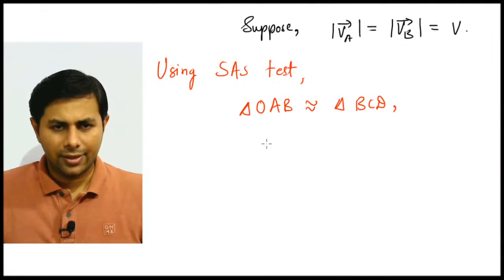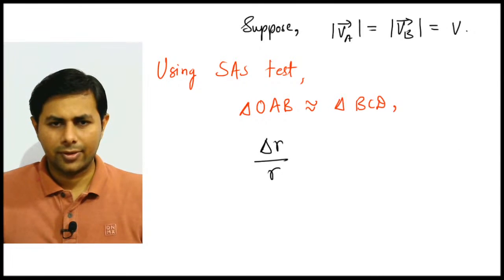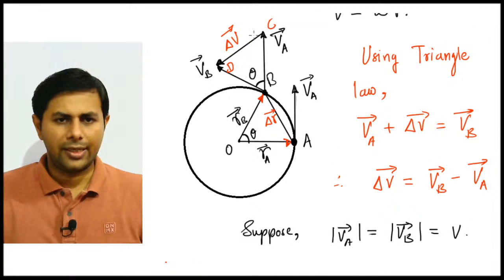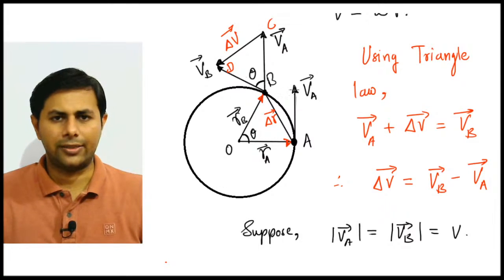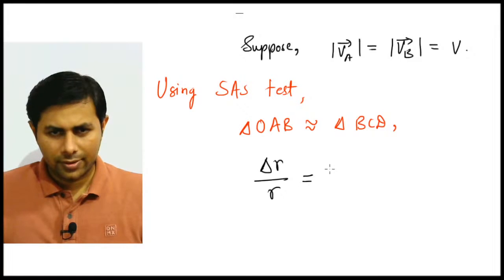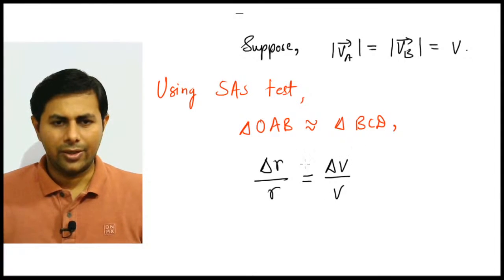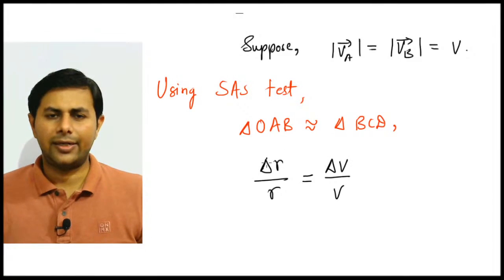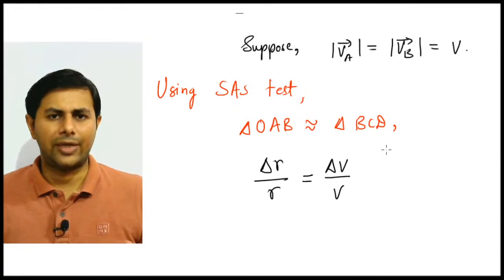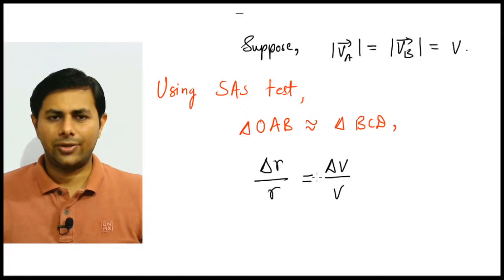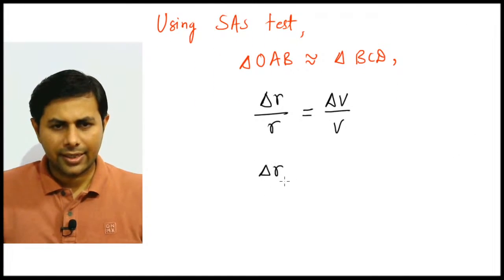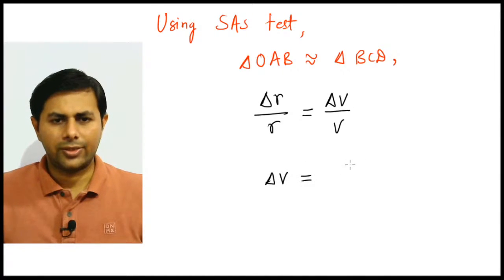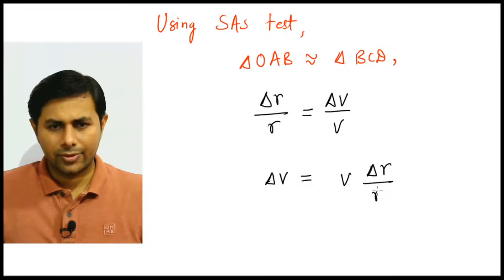Therefore I can write that delta R over R, the ratio of this side to this side in triangle OAB, should be equal to delta V divided by V. Since the ratio of corresponding sides of similar triangles is the same, delta R over R equals delta V divided by V. Then I take this V on the left hand side, so I get delta V equals V times delta R over R.